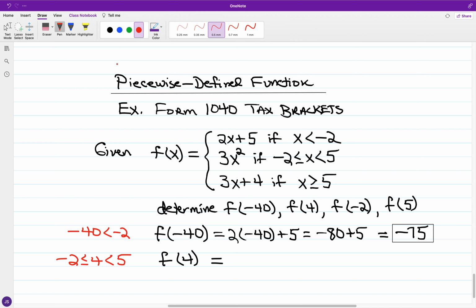So the function we're going to be using is f of x is equal to 3x squared, and with x at 4, we're going to have 3 times the square of 4, and 4 squared is 16, and 3 times 16 is 48.